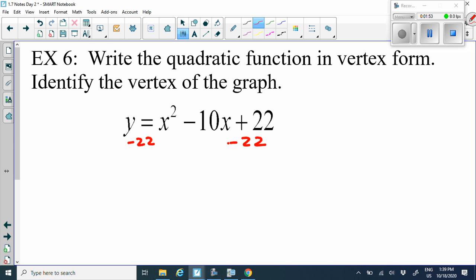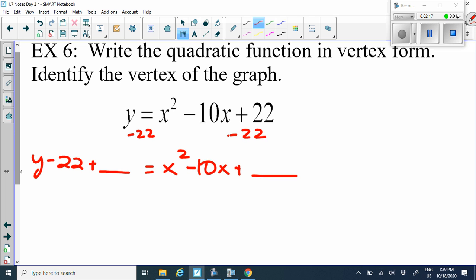You need to keep the y because our final answer is going to be a function. So I have y minus 22, and I need a plus something, so plus blank equals x squared minus 10x plus blank.